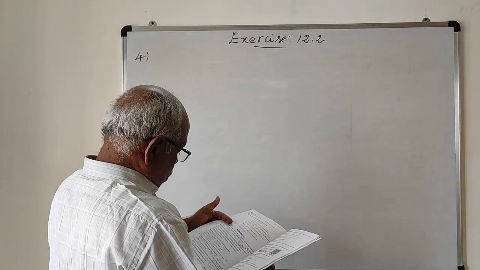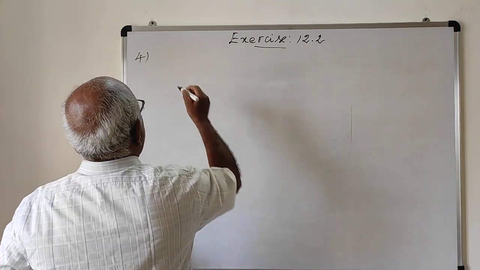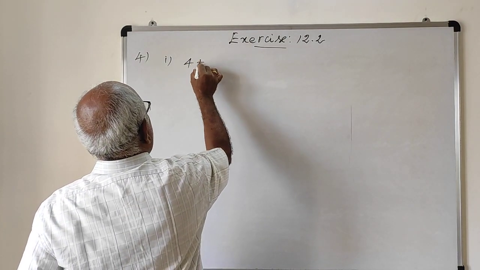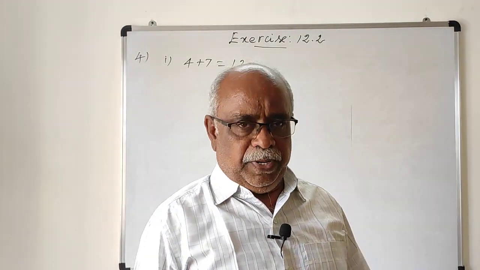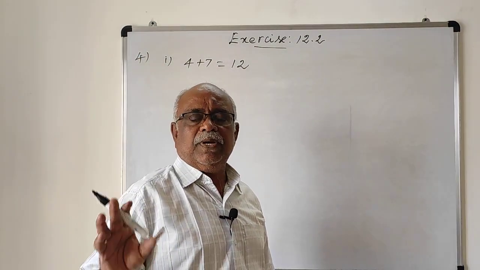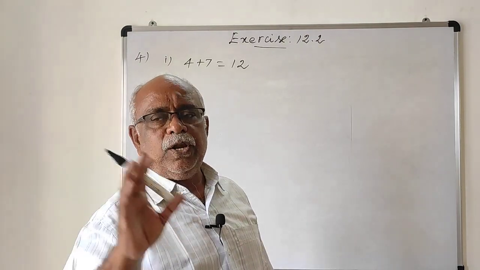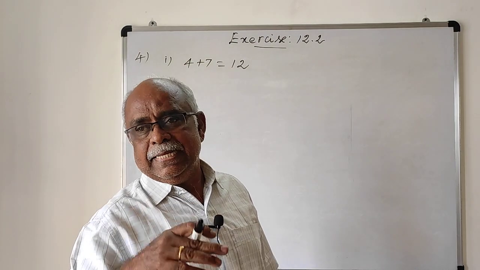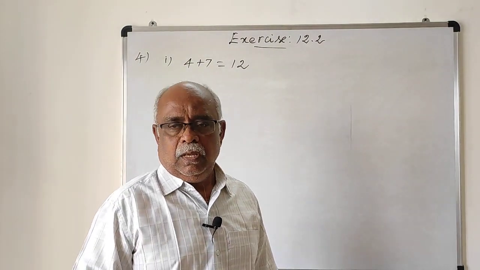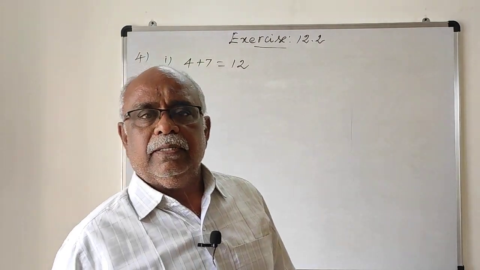First one. 4 plus 7 equal to 12. First of all, proposition means any declarative statement is a proposition, whether the truth value of the statement is true or false. The truth value is immaterial.